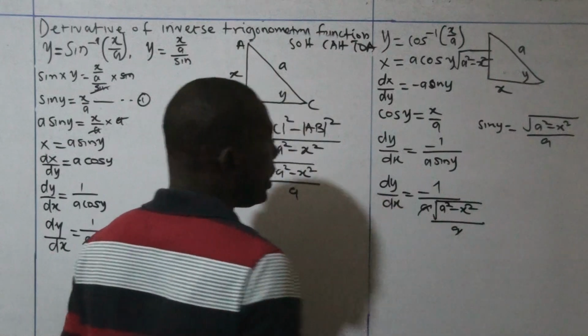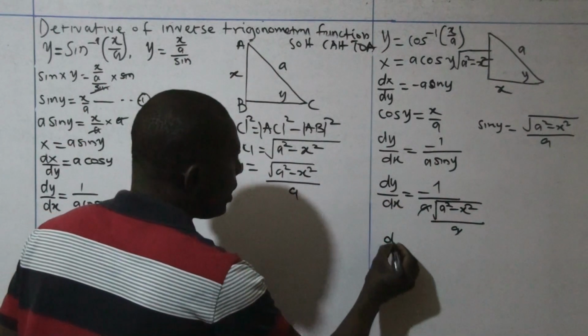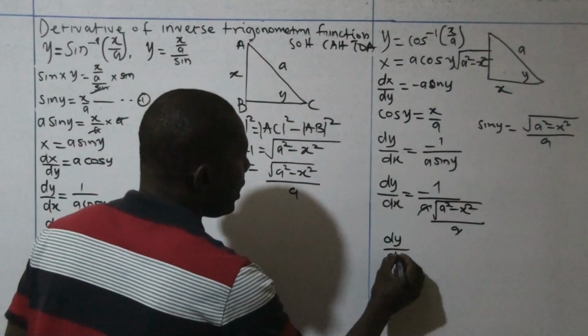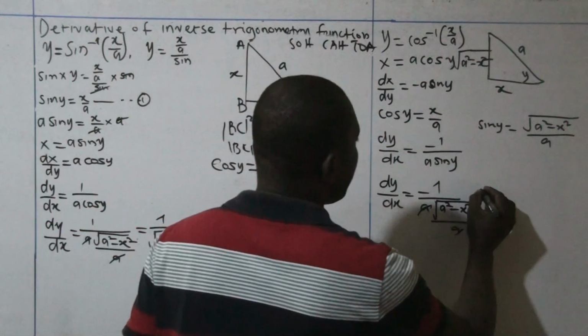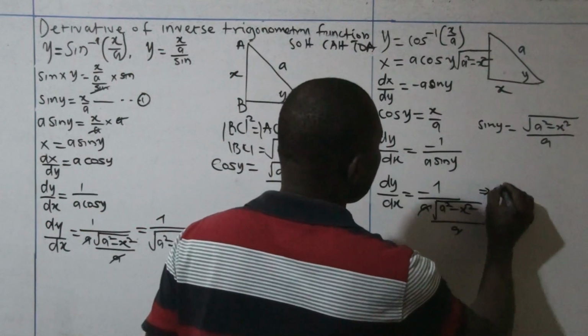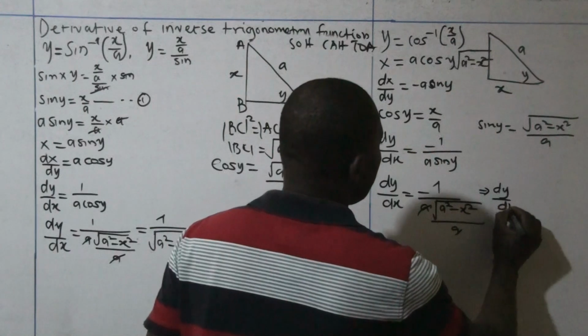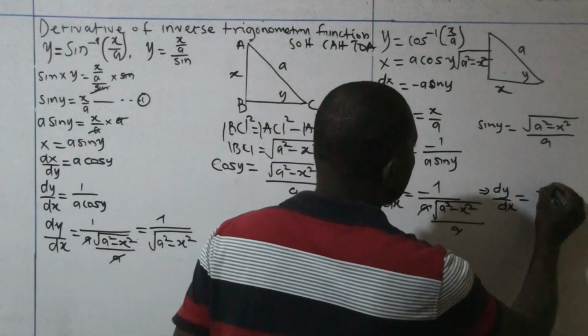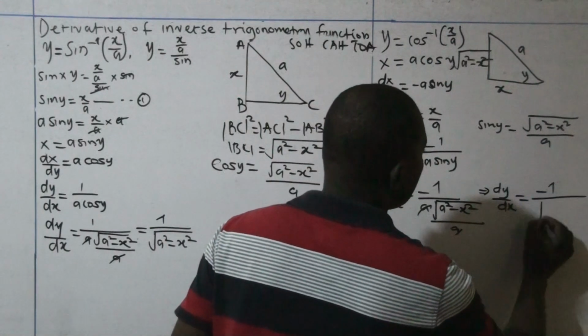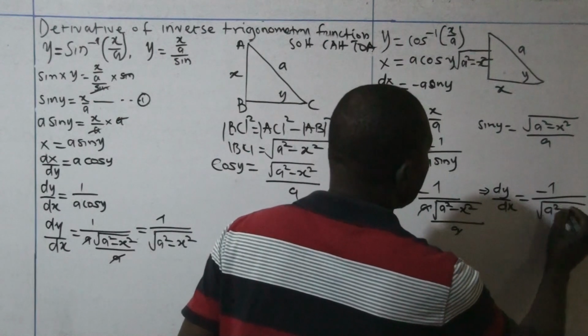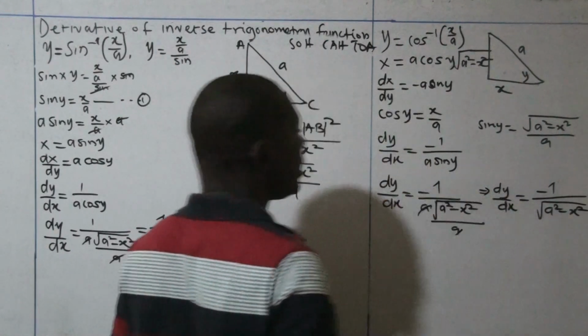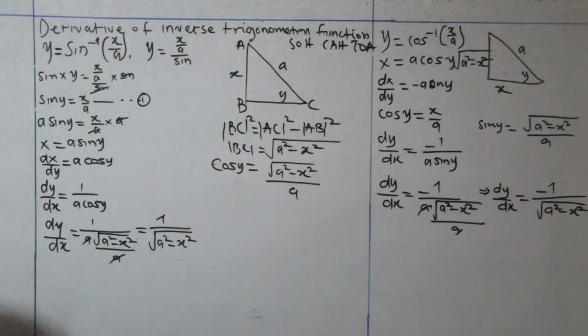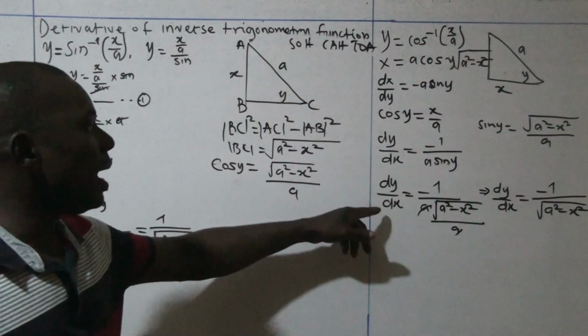So a will go with a, and our dy/dx becomes minus 1 over the square root of a squared minus x squared.